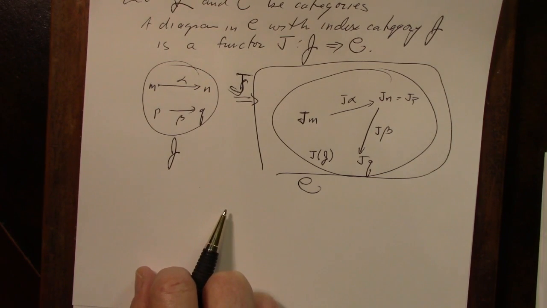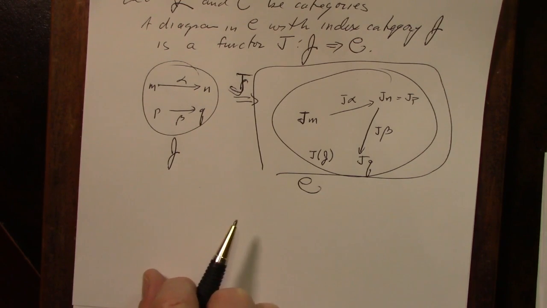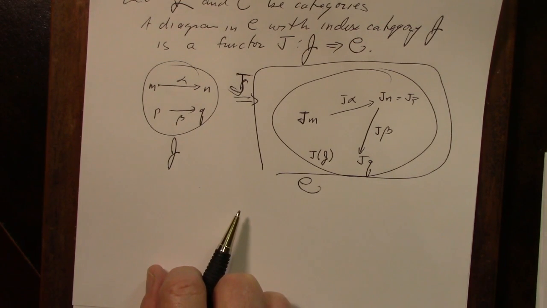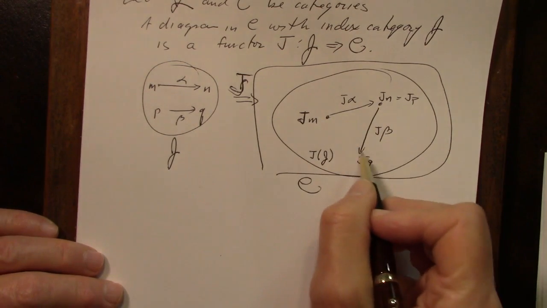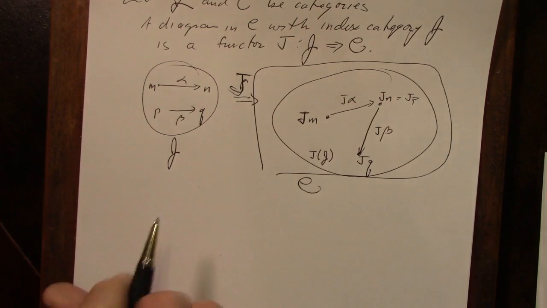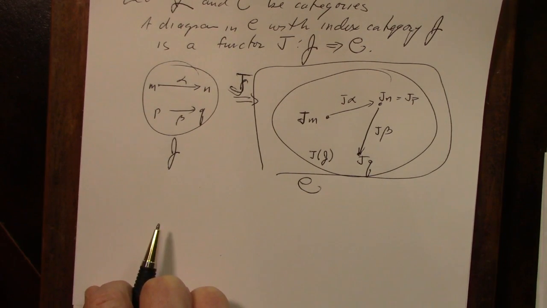The index category J has only one real purpose, and that is to uniquely identify what you might call the nodes and the arcs in our diagram. Okay.